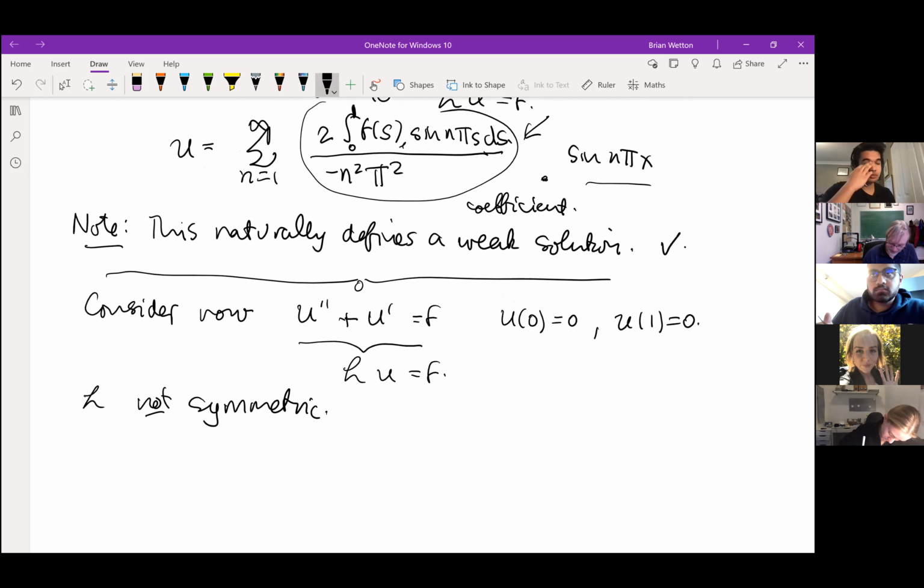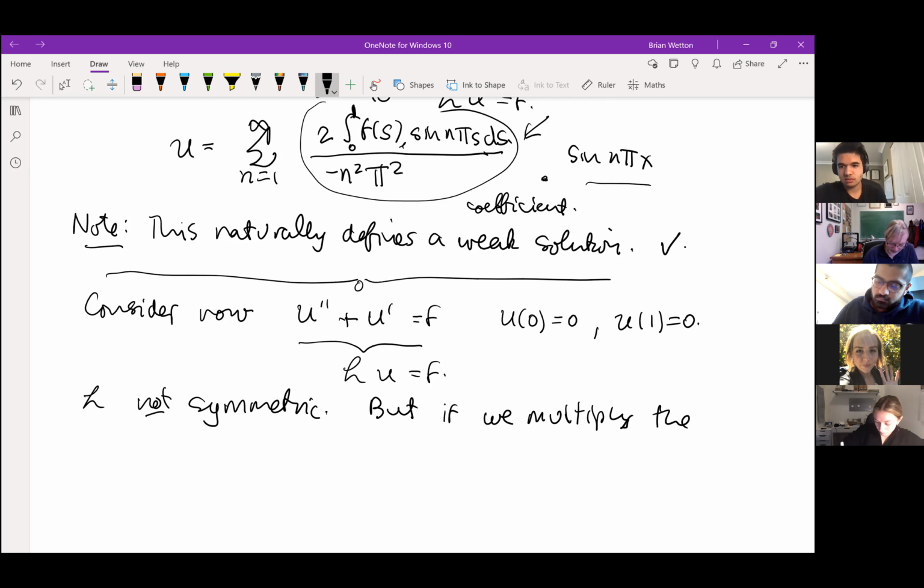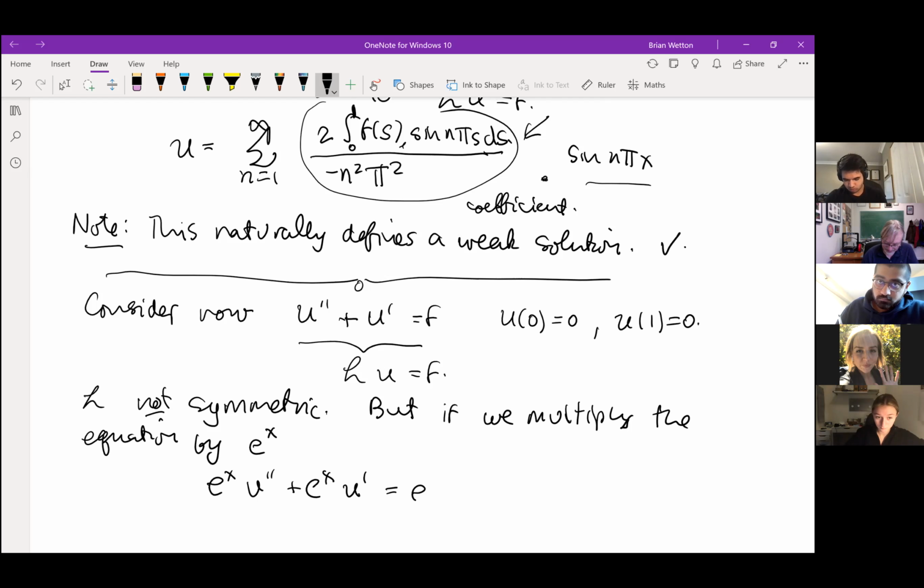Okay, but we can symmetrize. So if we multiply the equation by e to the x, then I get e to the x u double prime plus e to the x u prime is equal to e to the x times f.